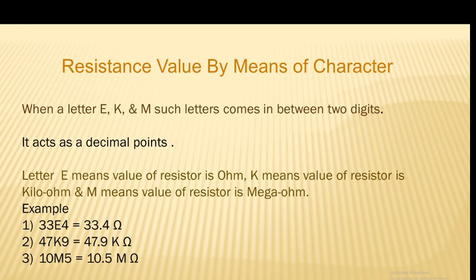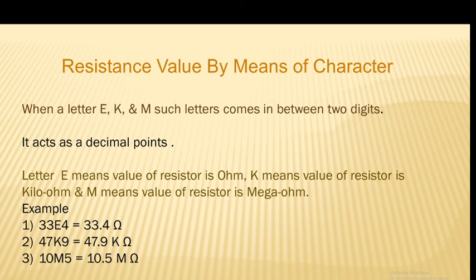Here I take one example, 33E4. The equivalent value of the resistor is 33.4 ohm. Here the alphabet E is replaced by the decimal point, and E means ohm, so the value of the resistor is 33.4 ohm. The second example is 47K9.